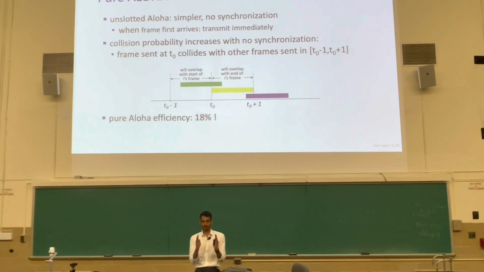When a node is transmitting, we want no other node to be transmitting in the immediately succeeding slot or the immediately preceding slot, because if they are, they could potentially overlap. That's the adjustment we need to make to the math in the previous slide. And that makes it go from 37 to basically half of 37. The answer changes by 1/2. That's how you get 18%. So that's the efficiency of unslotted Aloha.